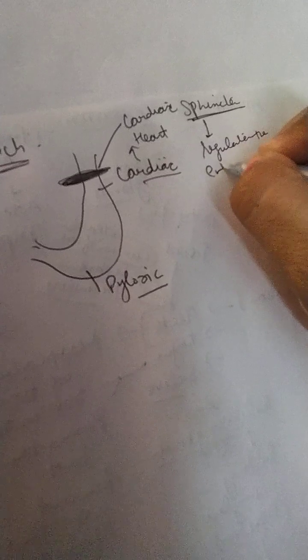Here there is a sphincter, known as the cardiac sphincter, which regulates the entry of the food from the esophagus to the stomach.